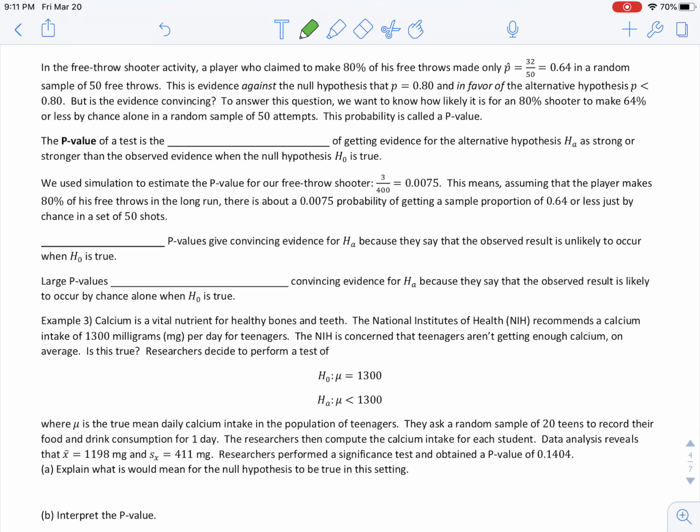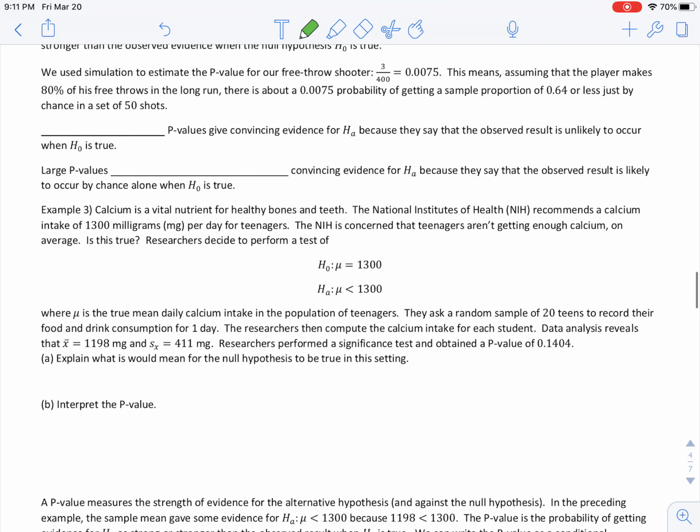So the p-value of the test is the probability of getting evidence for the alternative hypothesis as strong or stronger than what we observed if your null hypothesis is actually true. It's called a p-value because it's a probability value. So assuming the null is true, how likely is it that what happened, or something more extreme than what we saw, could happen?